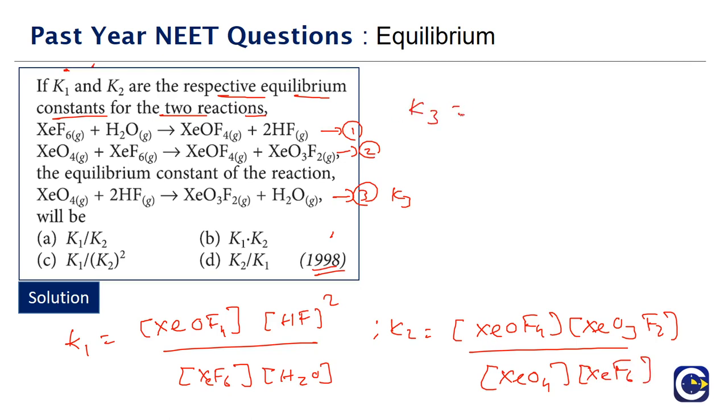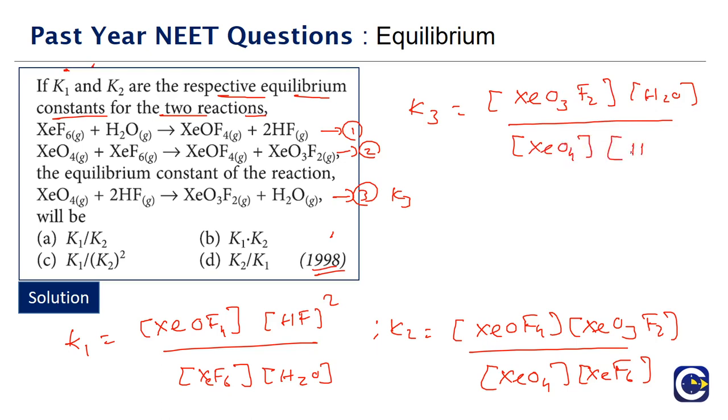Now let us write down K3. What is K3? K3 will be XeO3F2 into H2O divided by XeO4 into HF power 2 will come. Why HF power 2 will come? Because we have a factor 2.